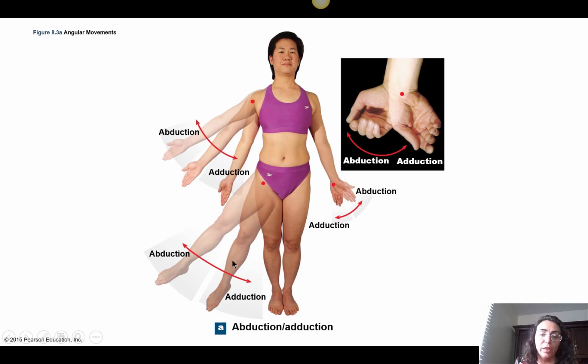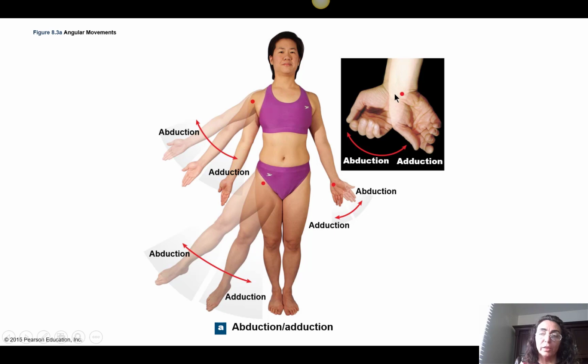The same is for the leg. If the leg is located here, getting more away from the body is abduction. Getting closer to the center is called adduction. The same is for the wrist here. If the whole wrist gets away from this point, it is abduction. If it gets toward the body, it is adduction, right?